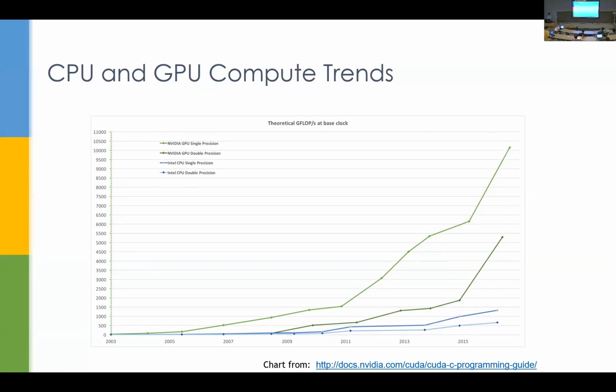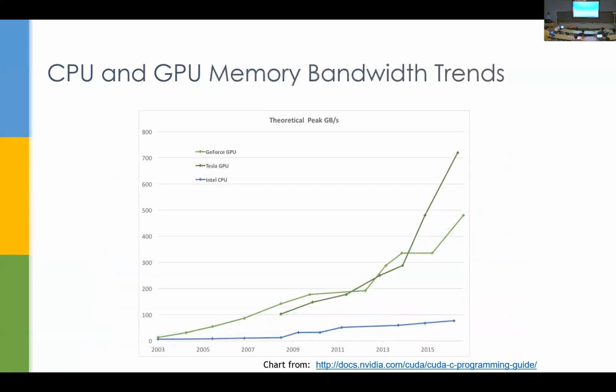So that's compute. Looking at bandwidth, this has also been increasing. If you look at the green lines, which are our GeForce and Tesla GPUs, those are accelerating as they increase, with things like DDR5 and high bandwidth memory.